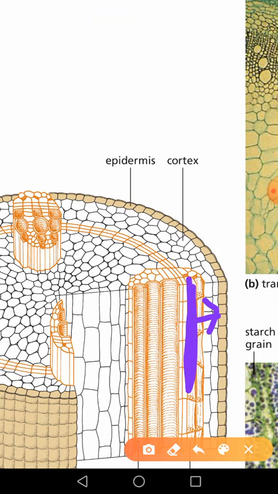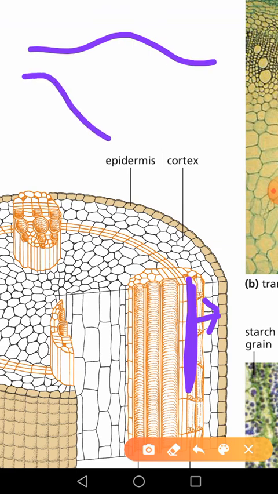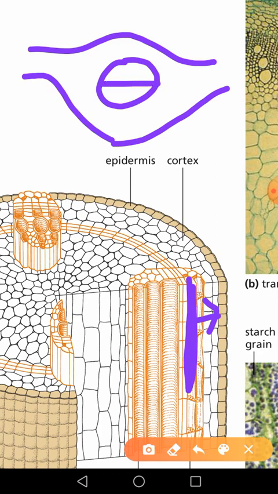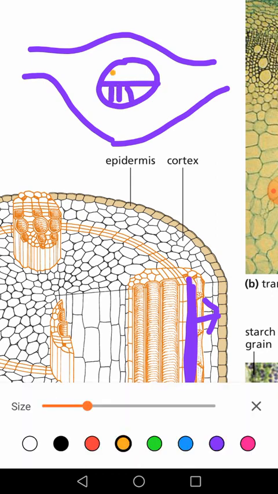Phloem is always near the outside. Like in the case of the leaf, what you had is, here the phloem is this part and the xylem was that part. And the lower epidermis has stomata through which exchange of gases can occur with the outside.